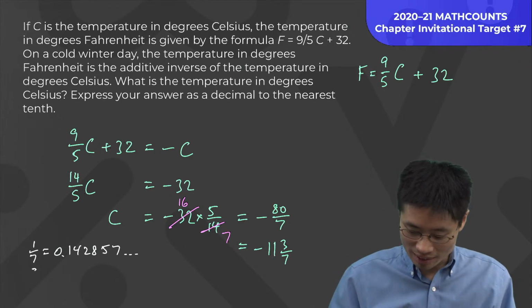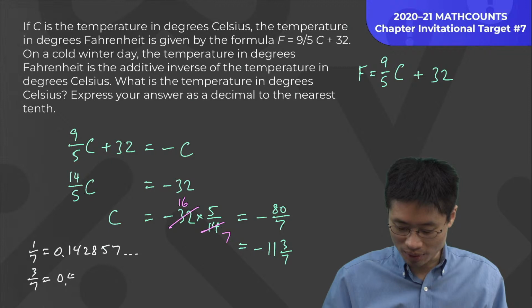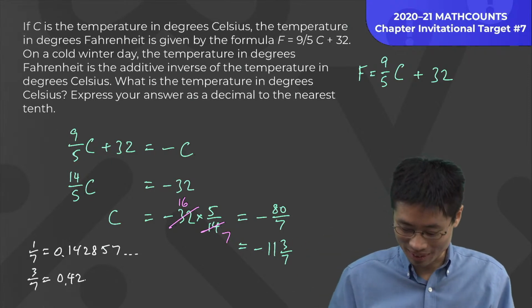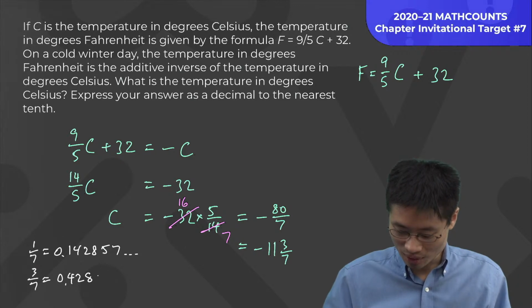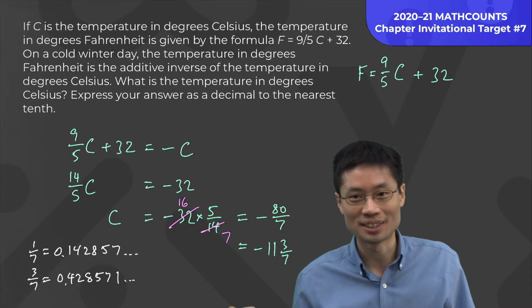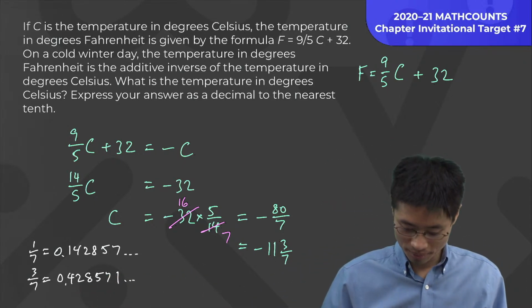And 3/7, if you imagine multiplying that by 3, you'd get something that starts with 0.42, because 14 times 3 is 42, and it's actually the same sequence of the same 6 numbers, 28571. That's a really neat fact. I don't have time to prove it today. But that's going to give me minus 11.4.